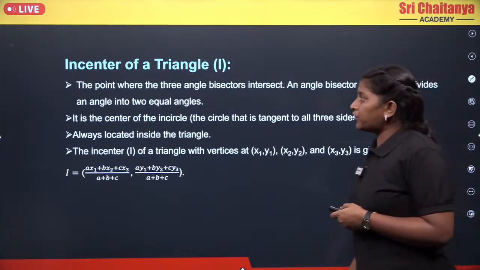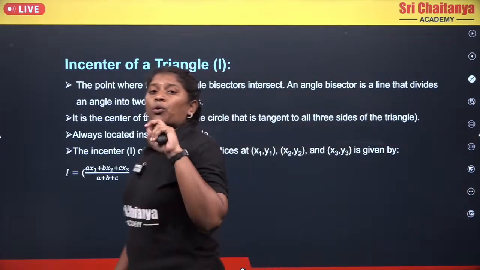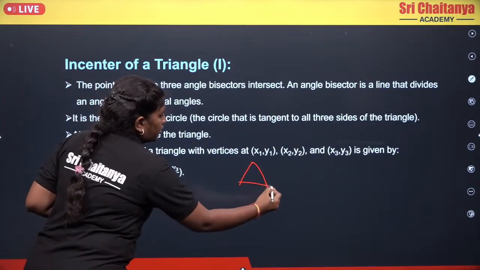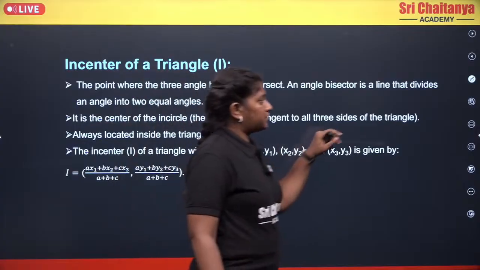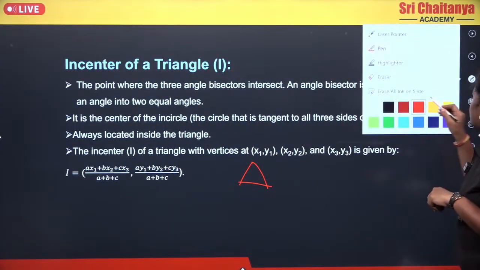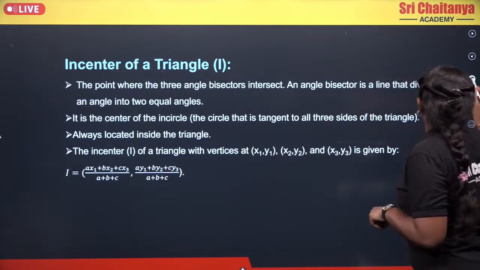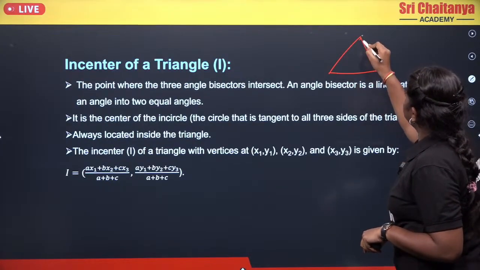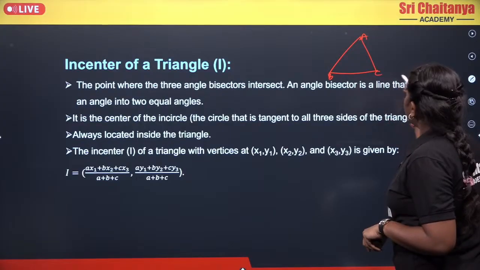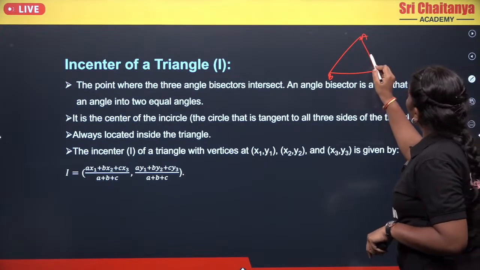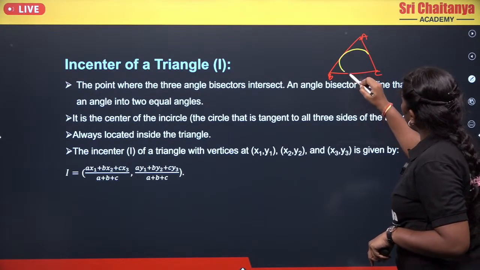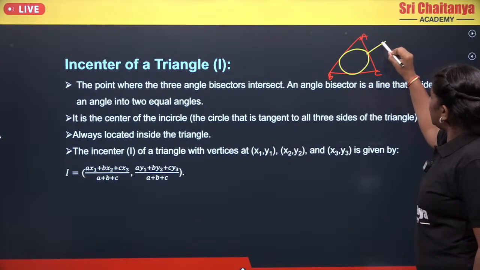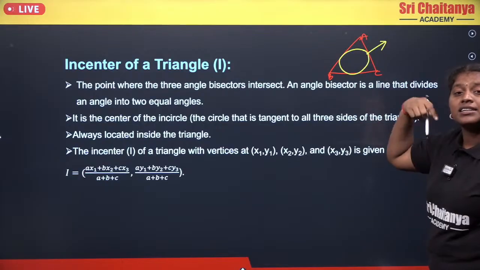Okay, now moving to the next, incenter. So what does the incenter mean? If you consider a triangle ABC, and you have a circle which is passing through all the sides, if you observe here clearly, for this circle we have the sides as the tangents.